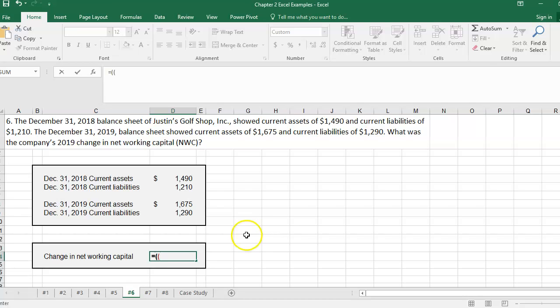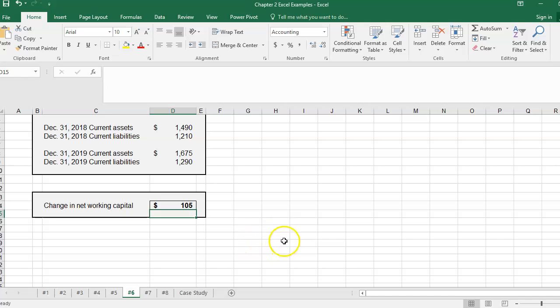We start with current assets minus current liabilities in 2019, and then subtract the net working capital from 2018, which is 2018 current assets minus current liabilities. We get a change in net working capital of $105.